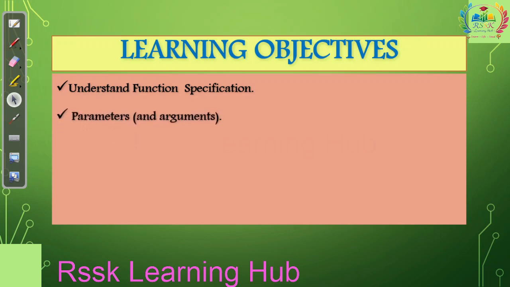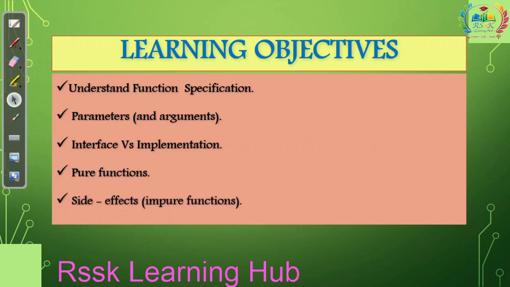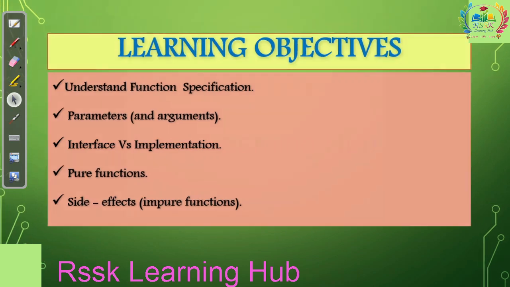Then what is the use of parameters and arguments? Then what is an interface and how you are going to implement it in your program? Then what is a pure function? What are the uses of an impure function and the side effects of using an impure function? These are all the topics you are going to learn in chapter 1.